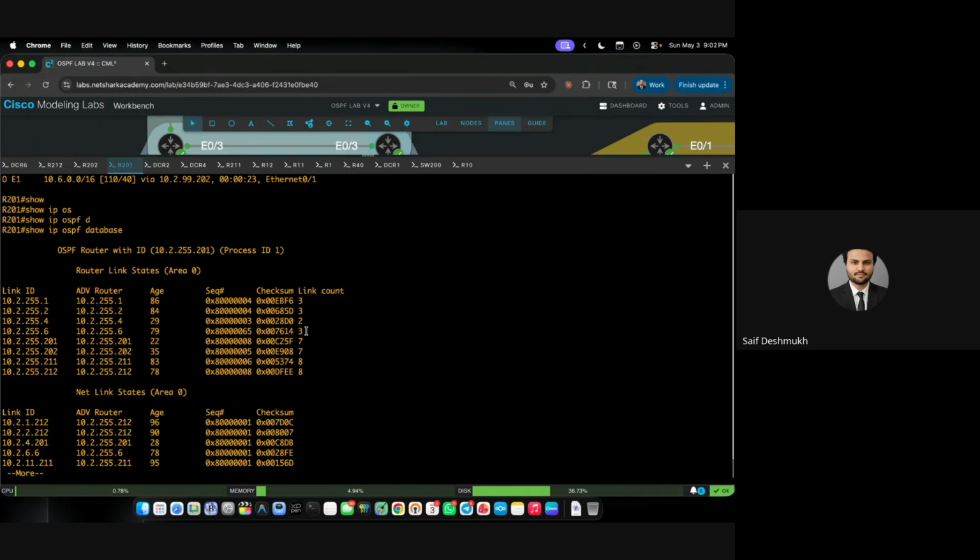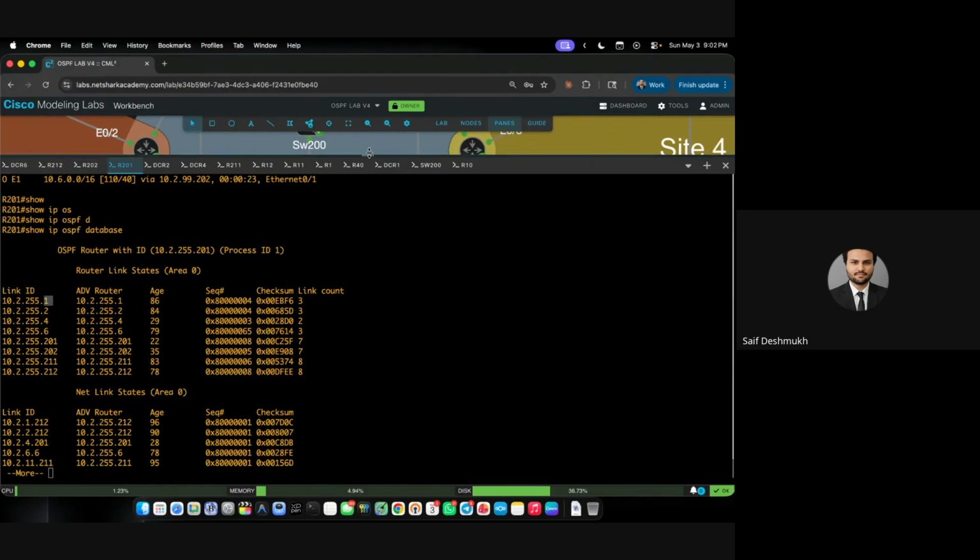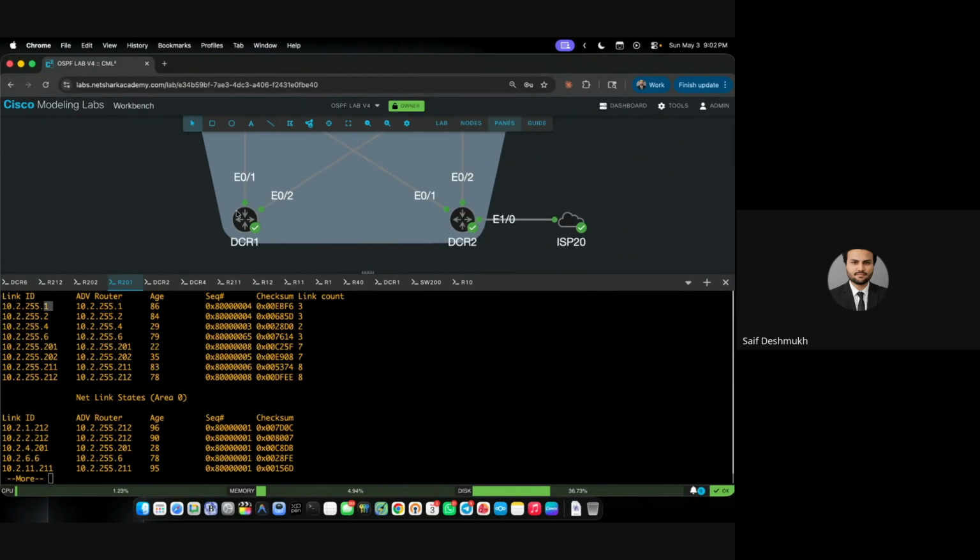Not only that, it is also saying how many links we have in OSPF for that neighbor. So what does that mean? We said earlier that router 1 had 2 interfaces, and the third one is the loopback in router 1.